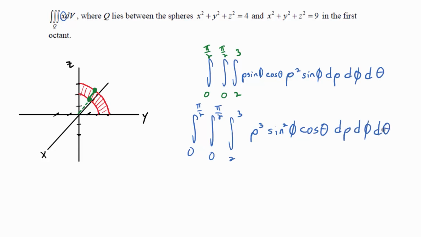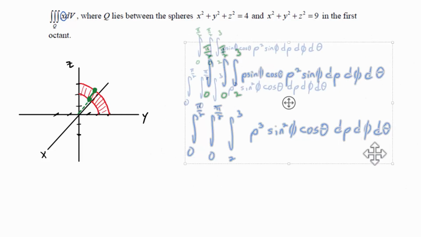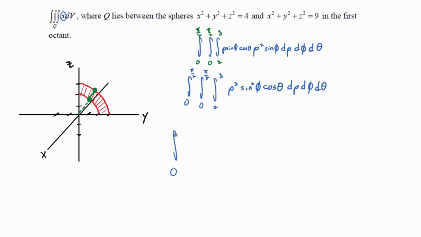Somebody said split it up, and I think that's a good suggestion. So the outer integral, from 0 to pi over 2, is with respect to theta. What goes inside? Cosine theta, d theta.